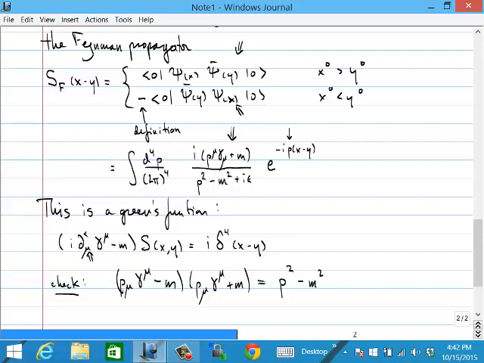I guess if I wanted to make this very clear, I should probably relabel the dummy index here to call it nu. And so that p squared minus m squared just cancels the denominator here. And you get the integral d4p of e to the minus i p dot x minus y, which is otherwise known as the delta function that sets x equal to y.